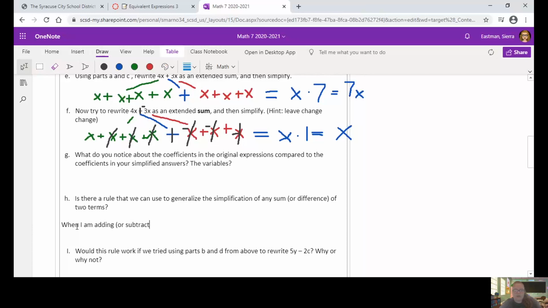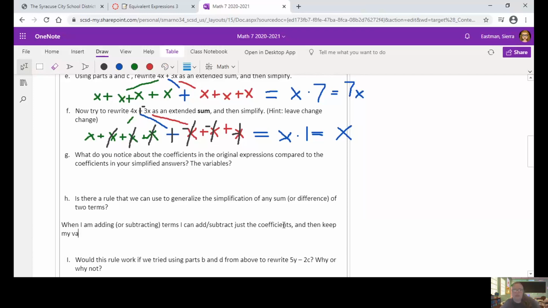Okay. So when I am adding or subtracting terms, I can add or subtract just the coefficients, and then keep my variable the same.